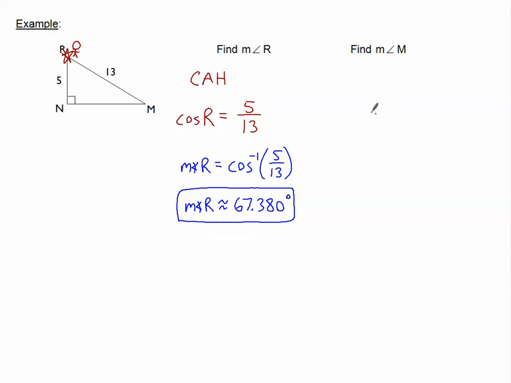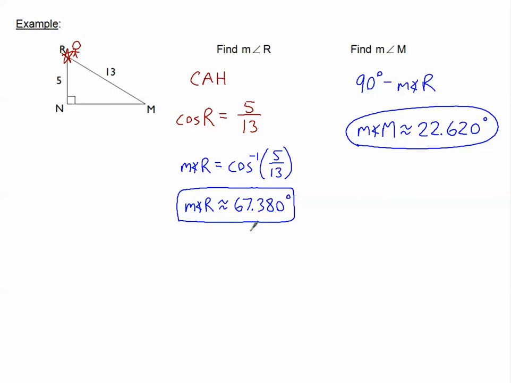Now I do not need to use trigonometry to find the other acute angle. I know that the measure of angle M will simply be 90 degrees take away the measure of angle R. So if I take 90 degrees and subtract this, then I will have that the measure of angle M is approximately 22.620 degrees.